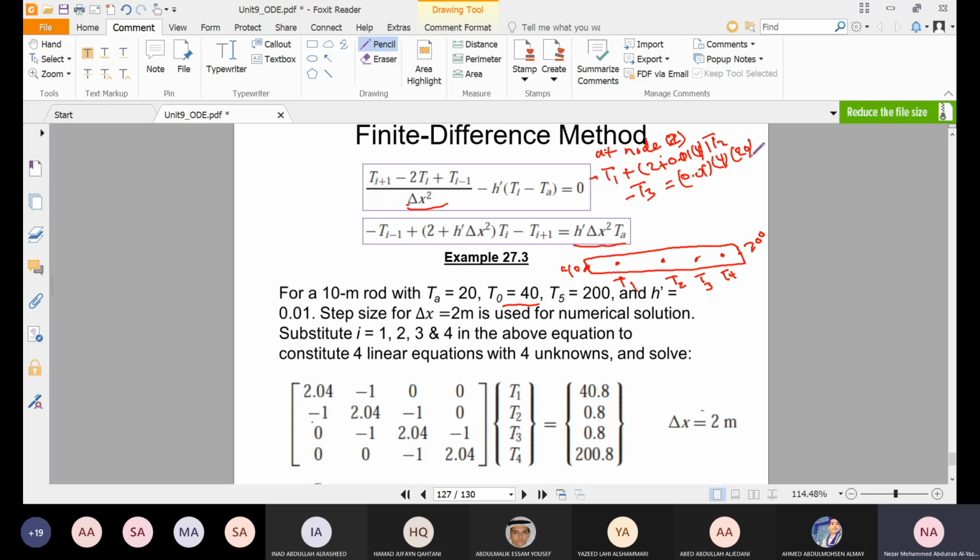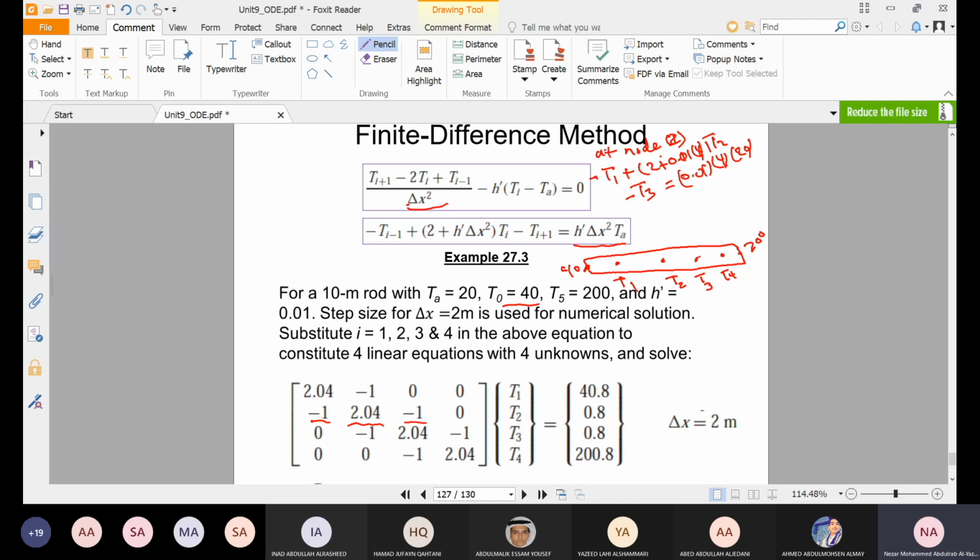The first one is minus T1. The second coefficient, we know this one is 2 plus h bar multiplied by delta x squared, which equals 0.04. This is multiplied by T2, and the second term is minus T3. T4 does not appear now, and the value here is equal to 0.08. This is the constant on this side.